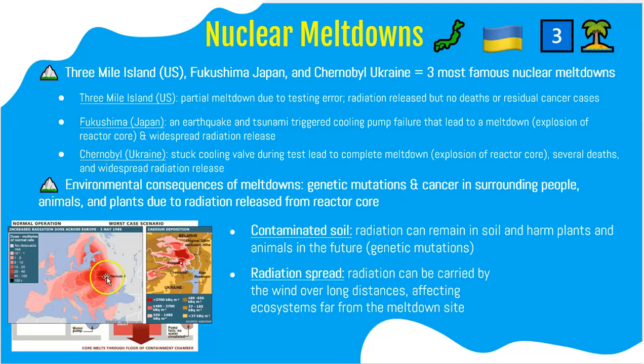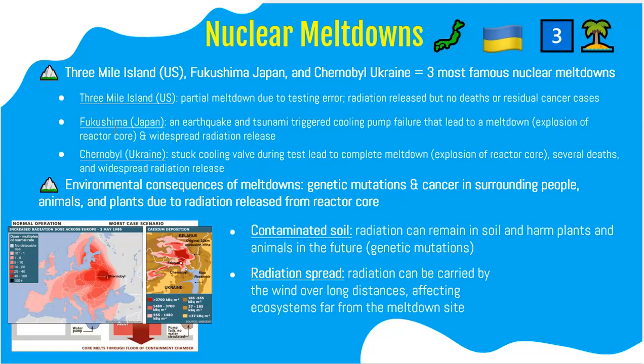Because the government at that time did not tell any of the surrounding countries that this had happened. These environmental consequences can cause genetic mutations and cancer in people, animals, and plants due to the radiation released. We also have contaminated soil and the spread of radiation.